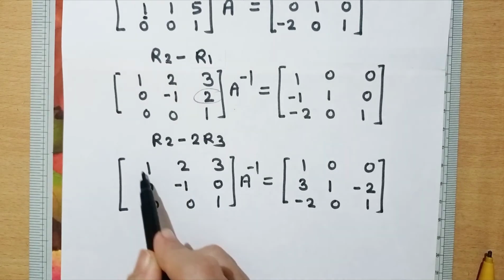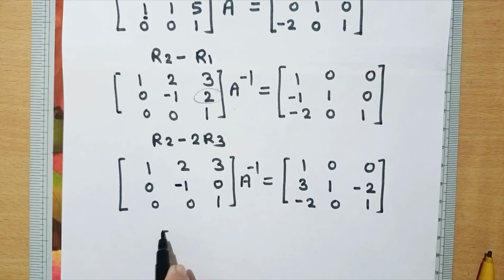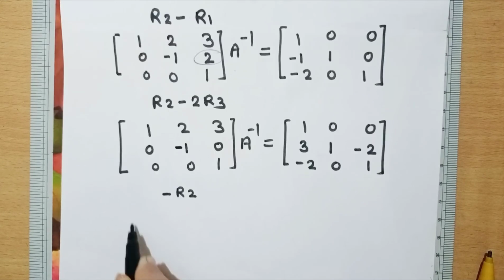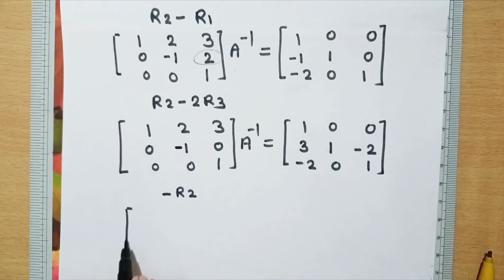We want these diagonal elements 1, 1, 1. So multiply this as minus 1. So minus of R2 gives, very easy, multiply second row by minus sign.